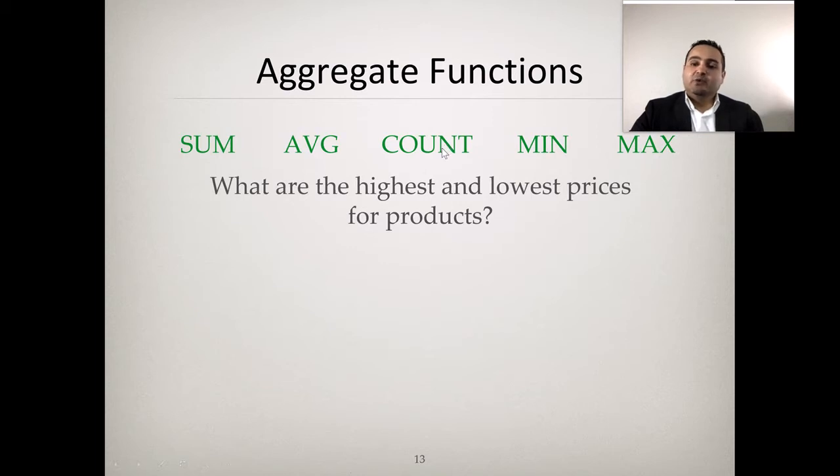Or if another question is asking you how many products or how many categories, then we are referring to the count function. So remember, the keywords for count are how many or what is the number of, and then automatically we go for the count.